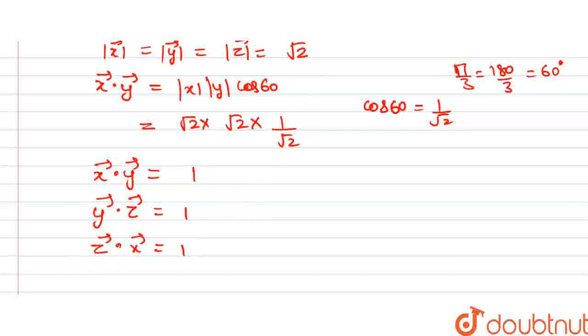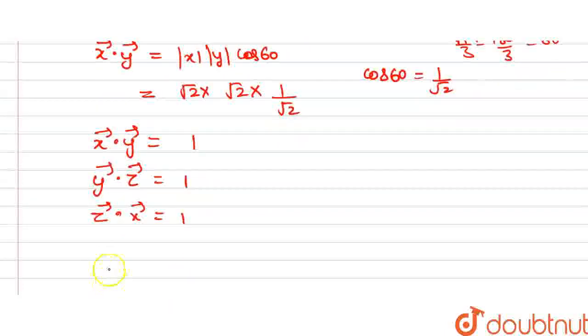So now suppose lambda a is equal to x cross (y cross z).